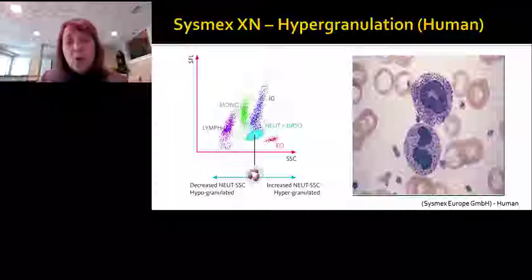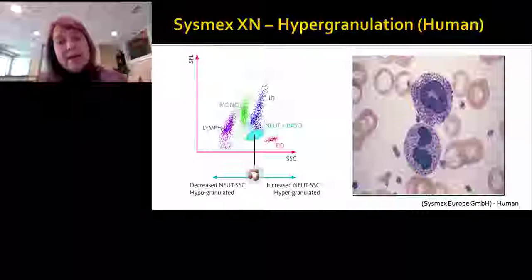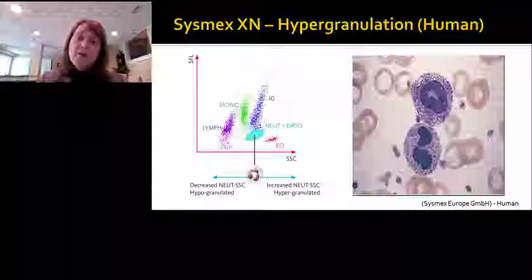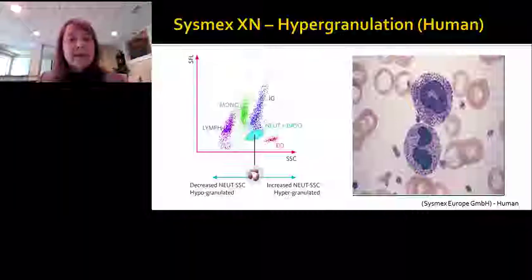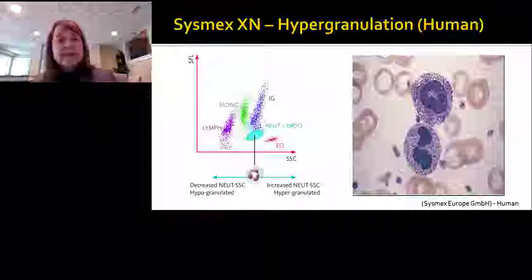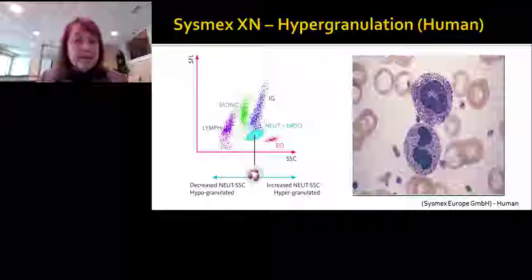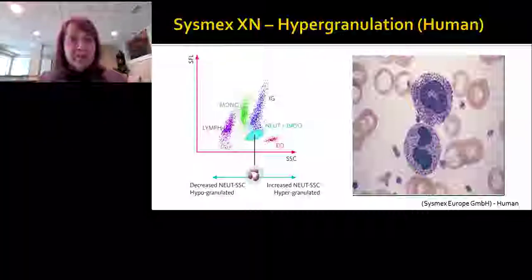And why is that important? It becomes, again, another piece of the puzzle and another important indicator. In this case, you're looking at increased granulation of the cell. You have hypergranulated cells, and that is consistent with this individual possibly having an infectious process.